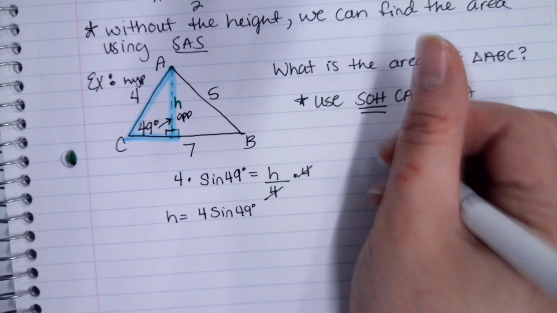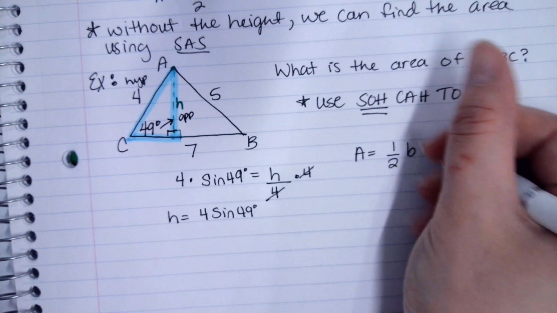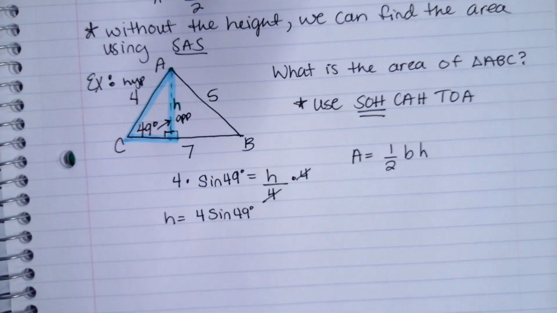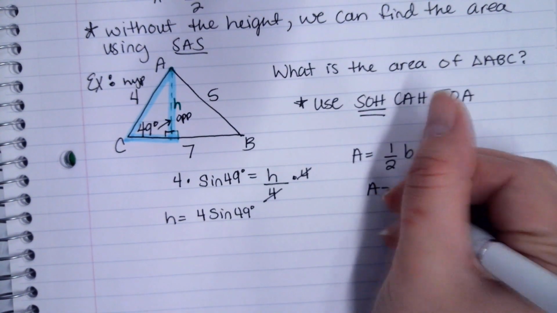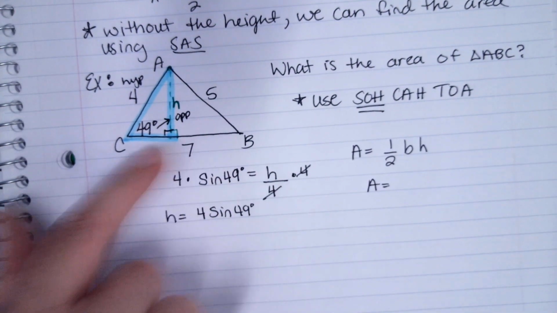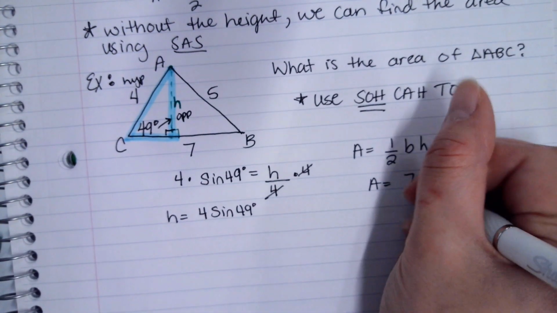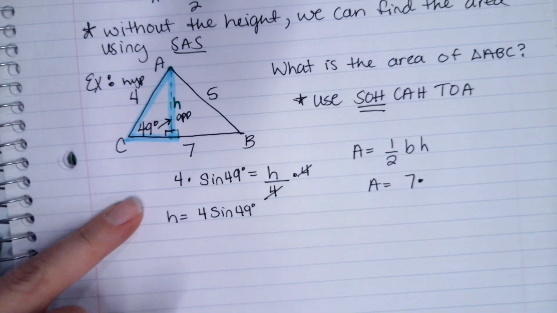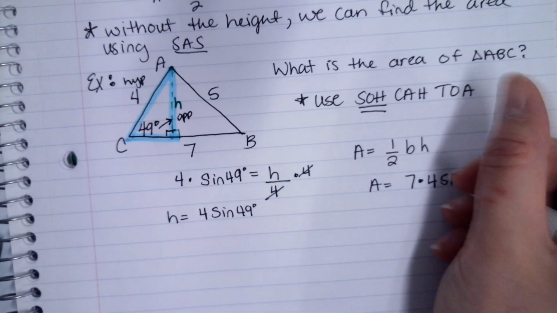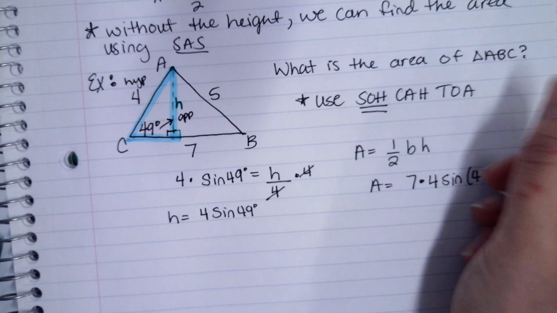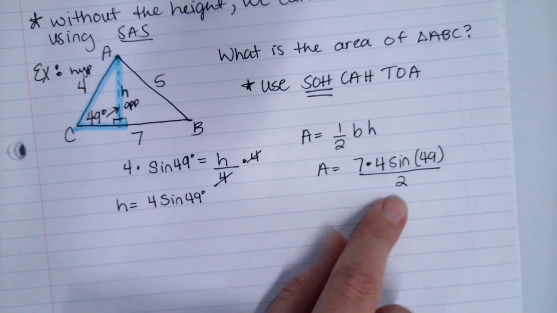So my area is equal to 1/2 base times height, or base times height divided by 2. I know my base in this case is where the height meets the base, so that's 7, times my height, which is this mess, 4 sine of 49, divided by 2, or 1/2 of that. And that's what we're going to get.